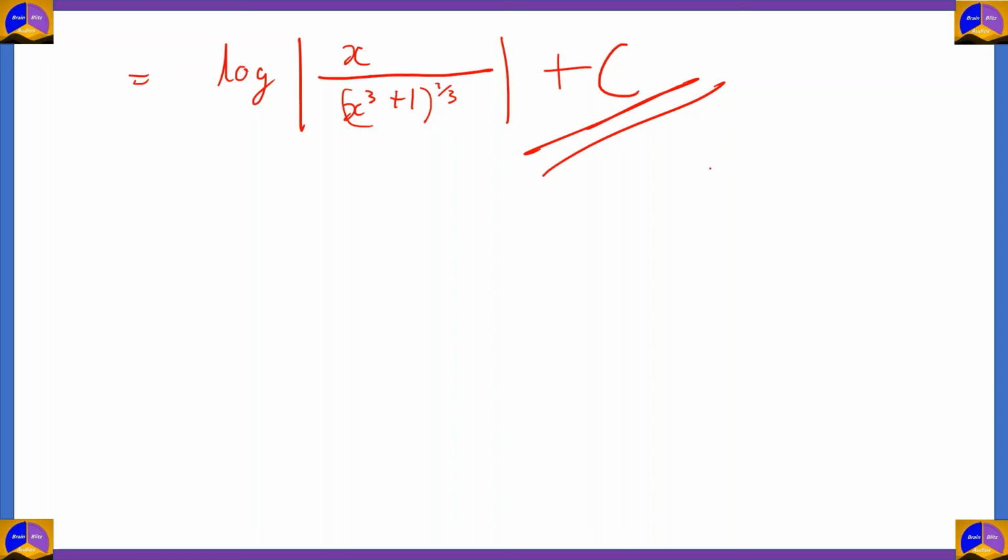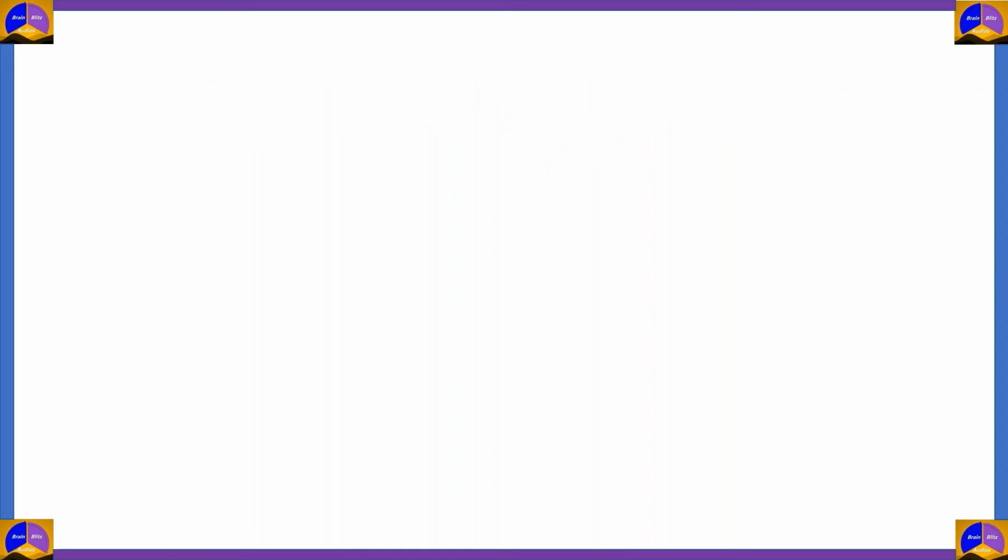So that is the answer for the integral dx divided by x times x cubed plus 1. We used various properties, partial fractions, etc. in order to arrive at this answer.